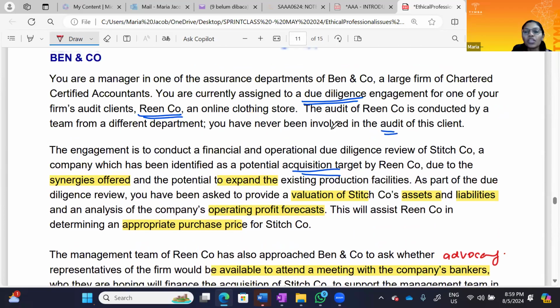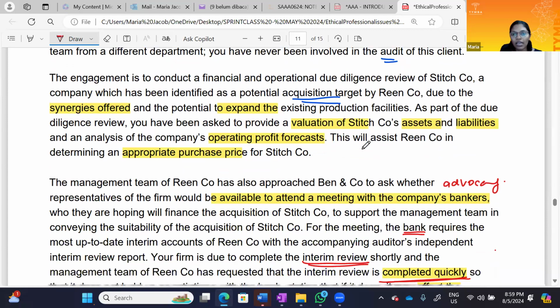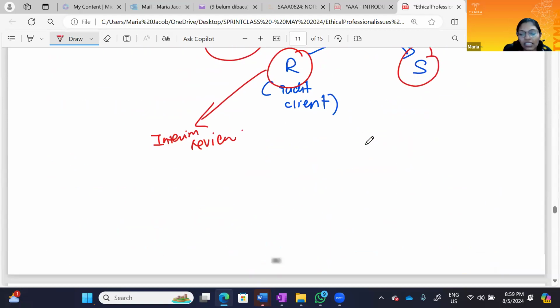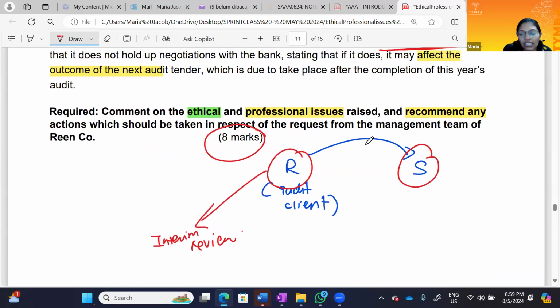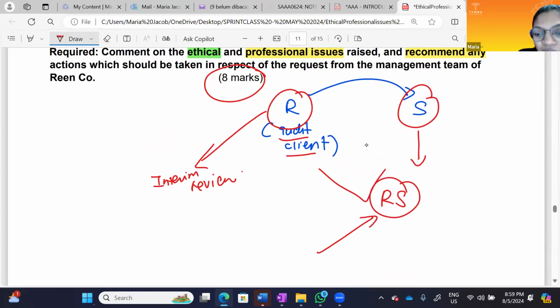One more thing, you want to look into the due diligence part. When we are providing due diligence services, what type of threat will it give rise to? Assuming in the following year, these two become a group of companies and I am still the auditor, what type of threat will it create?